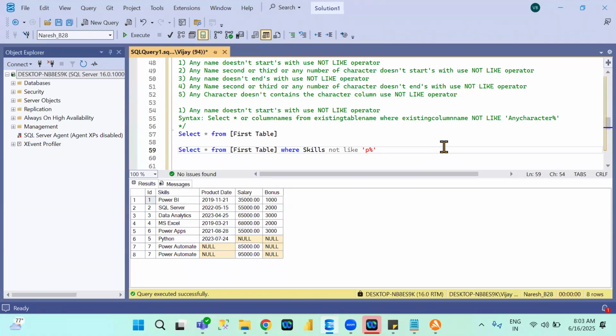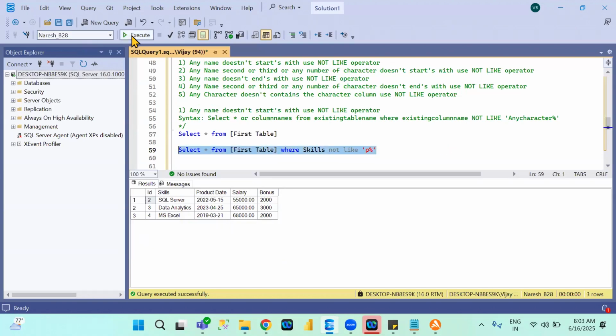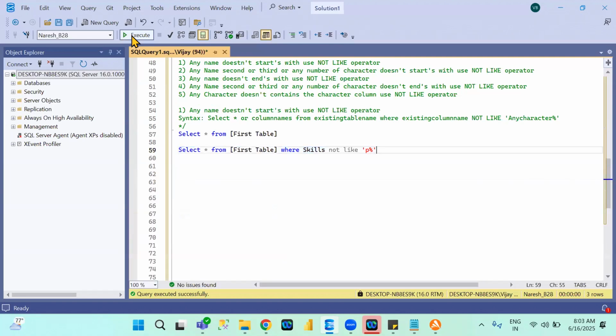SQL Server, MS SQL, and Data Analytics, right? The remaining all start with P, right? So for names that don't start with P, what skills are there? Those three will be displayed. Understand clearly or not? Any doubts in this one? Next one.